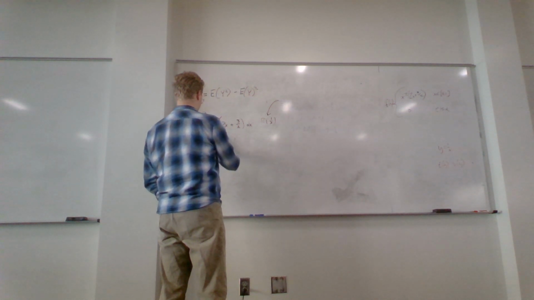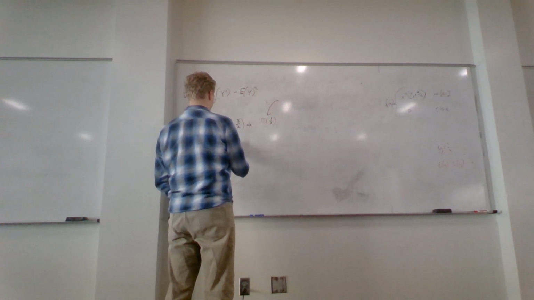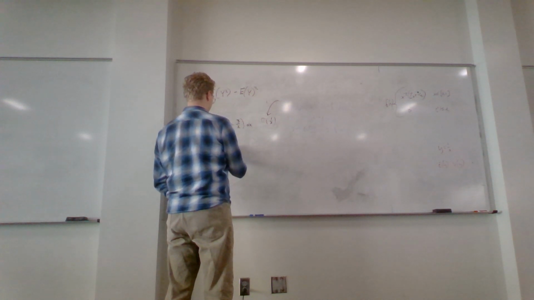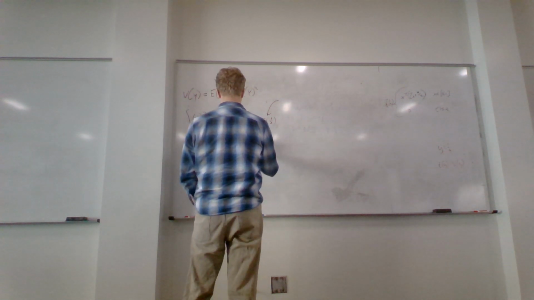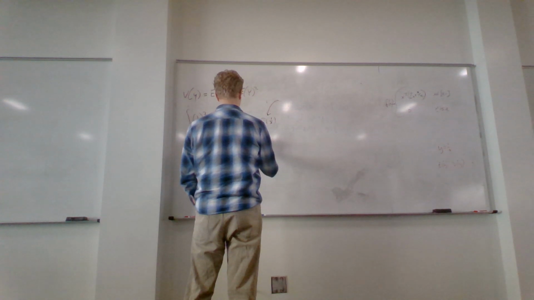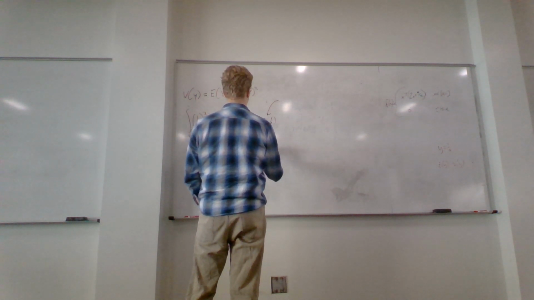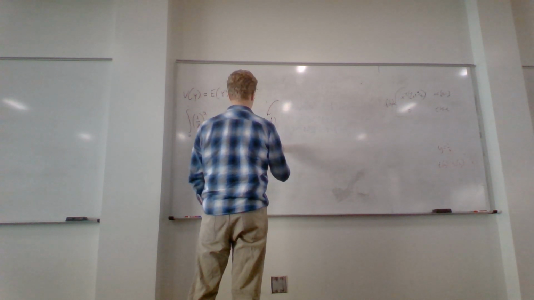So that's just going to be x squared and then 3 halves x. We're going to get 1 plus 3 halves, so 5 halves is E of y squared.